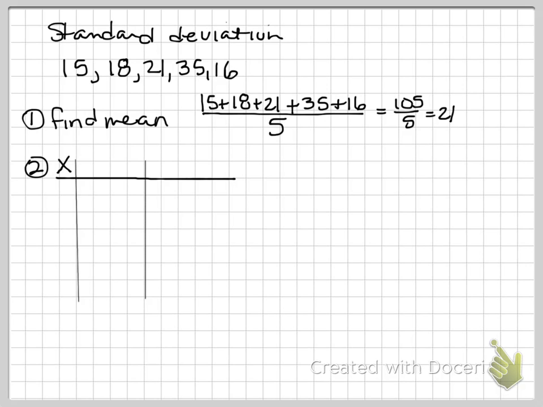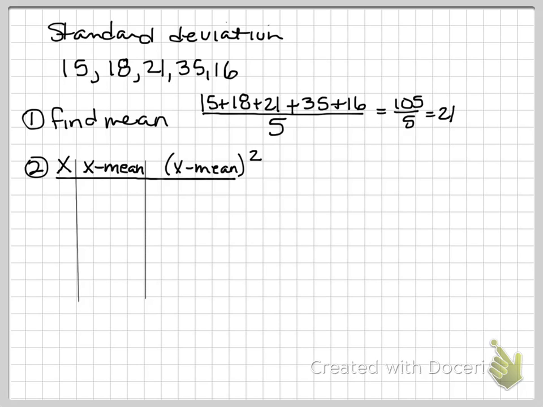The first column is our x, which is just our regular value, so that's like the 15, the 18, the 21. The second column is the x minus what our mean is. And then the last column is that x minus the mean, squared.